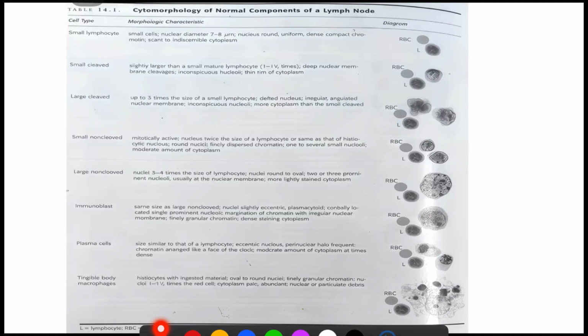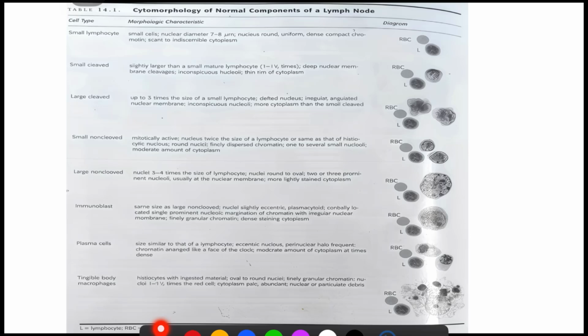And you may also divide the cells, as given in this cytology book, as either cleaved or non-cleaved cells. So small lymphocytes are comparable with the RBC size. Now small cleaved cells and large cleaved cells.